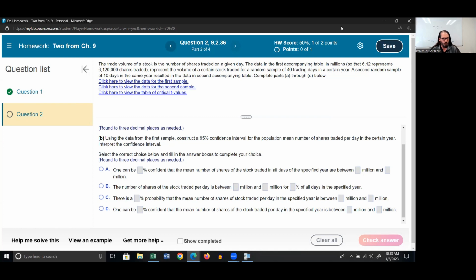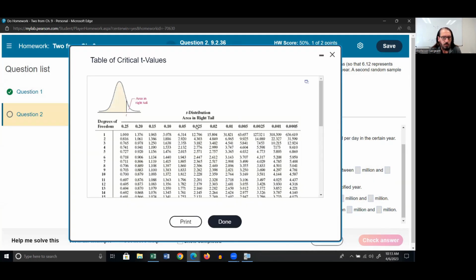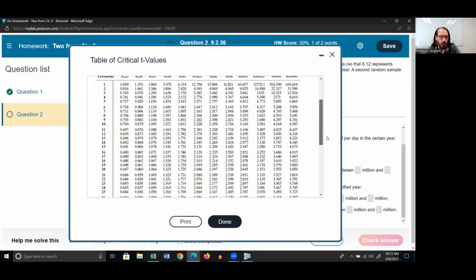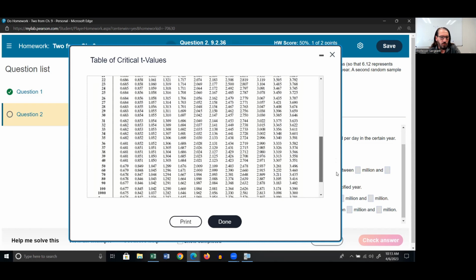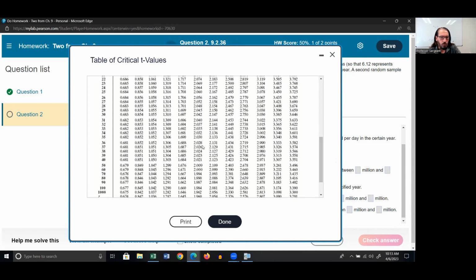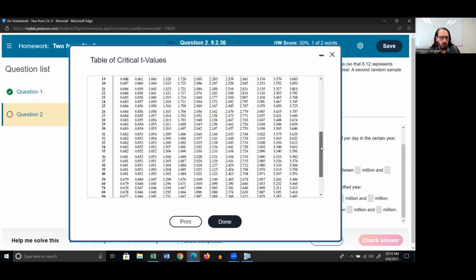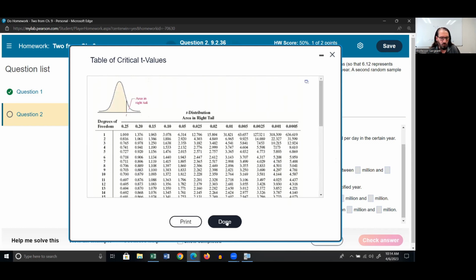Divide that by 2, get 2.5%. You want 2.5% in the right-hand tail. 2.5% is 0.025, and I'm going to go down to 39 degrees of freedom, which is right here. The 2.023 in 39 degrees of freedom, 2.023 in the column I just described.